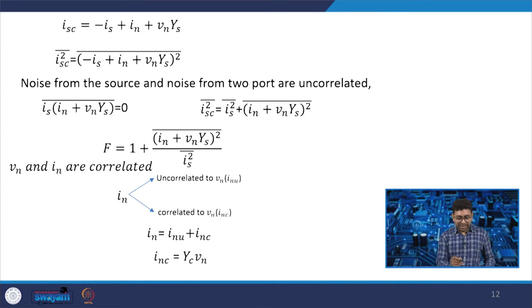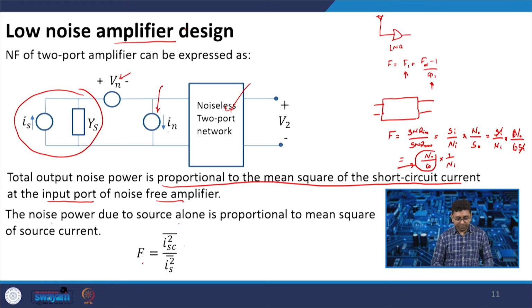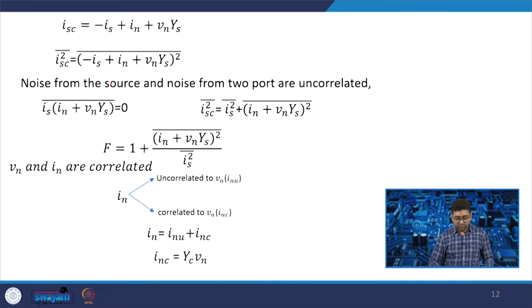So what is the ISC, meaning the short circuit current ISC? Here the current is minus Is, then plus In and Ys into Vn. So this is the total short circuit current ISC, which is minus Is plus In plus Vn Ys.